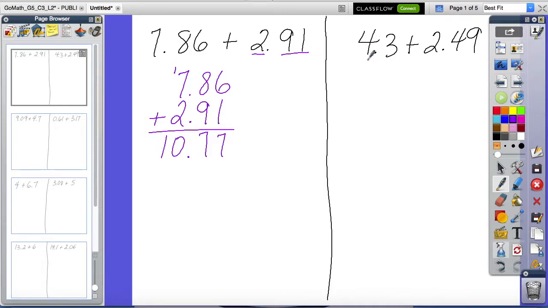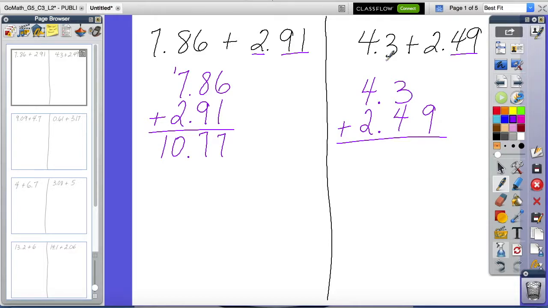On our next problem, 4 and 3 tenths plus 2 and 49 hundredths, we copy 4 and 3 tenths, and then when we line up 2 and 49 hundredths, we have to make sure the decimal points are in line. The 2 is in front of the decimal, so we put it here in the ones place. 49 hundredths is behind the decimal, so we put 49 hundredths behind the decimal there.